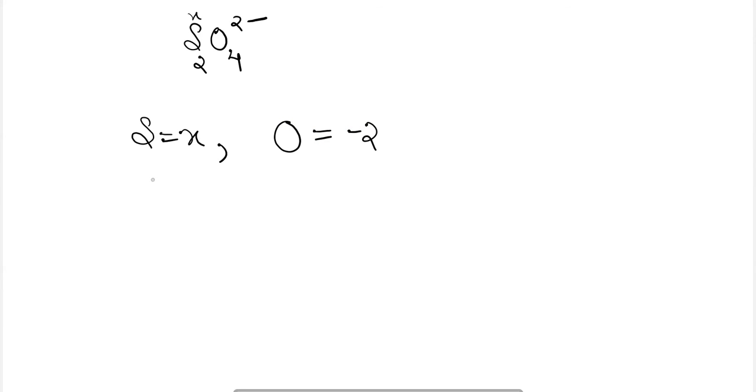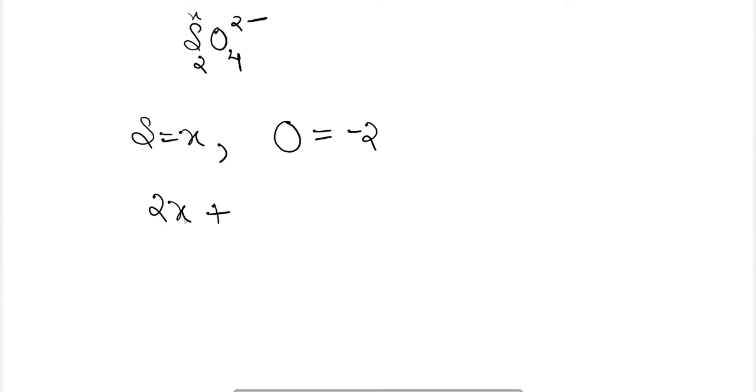Now let's find the oxidation state for sulfur in S2O4 2 minus. This is a molecule where sulfur and oxygen are combined with each other, but this compound has a charge of -2. Let's take sulfur's oxidation state as X. Oxygen's oxidation state will naturally be -2 here. The atomicity of sulfur here is 2 and the atomicity of oxygen is 4.